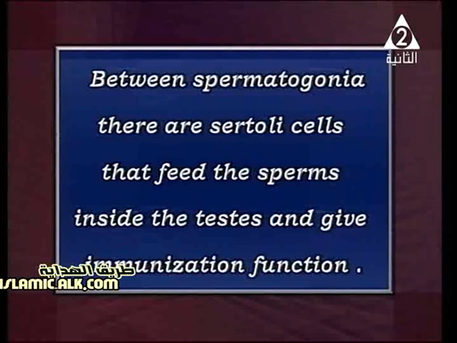So we have some types of cells that secrete hormones of the male, and others that feed the sperm, called Sertoli cells inside the testis, and they give them the immunization function. Immunization means that they give them power. This is the next chapter that we're going to study, immunity in our body. What else?